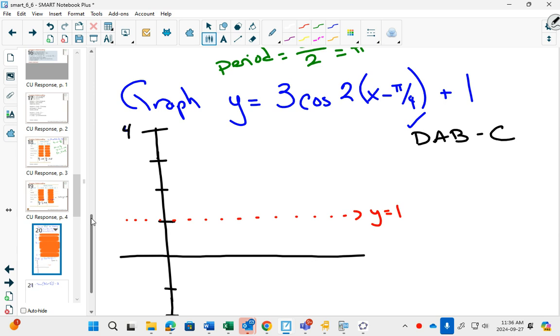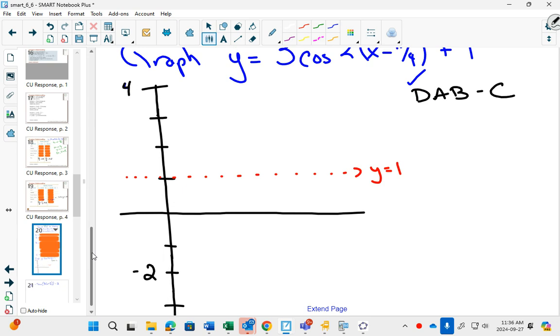And if I take my center line and I go down 3, 1, 2, 3, I'm going to get down to -2. So 4 is going to be my max, and -2 is going to be my minimum. And all we have to do with our A value is label our maximum and minimum on our y-axis.